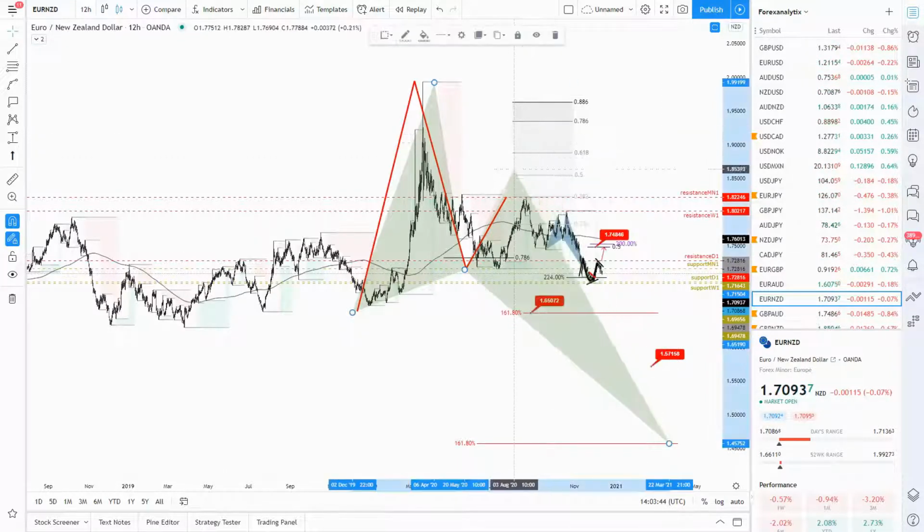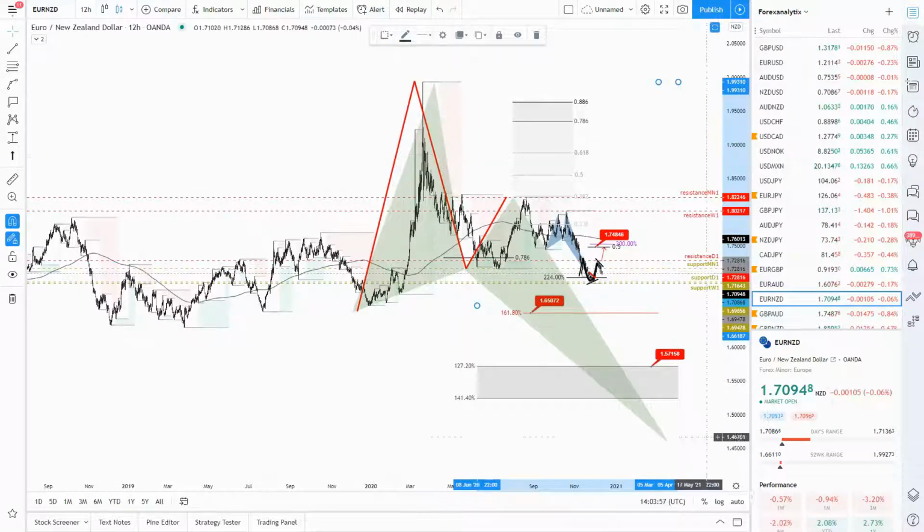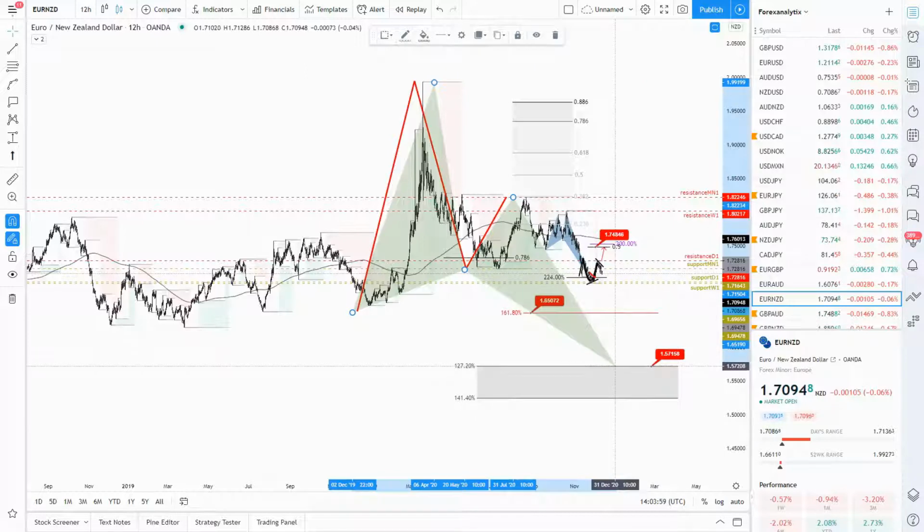Now, since the price has respected this criteria at the 38% Fibonacci level, instead of a golden Fibonacci level, we can use the 127 and project this as a potential butterfly at 157.15.